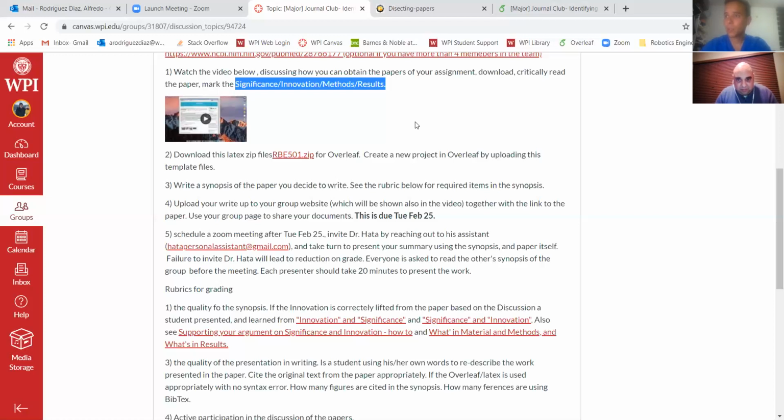So maybe we could be a little bit creative on the methods and results sections. Since he has his own format on how he wants to see it, maybe we can also elaborate a little bit on those sections, not necessarily talking about the document only, but also explaining how the format complies with the format that Professor Hatta wants us to follow.